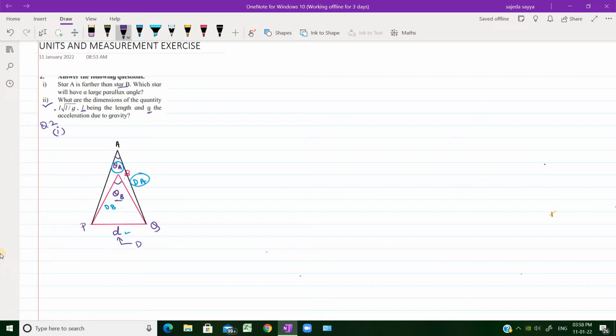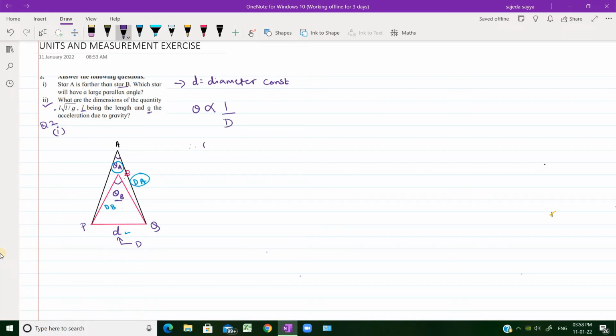Here in this example it is clear that small d, the diameter, is constant. So what varies with the angle is the distance, or what varies with the distance is the angle. Therefore the relation between the angle and the distance between star and planet is inversely proportional.